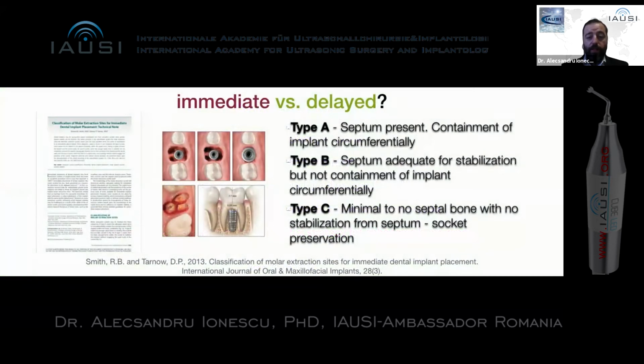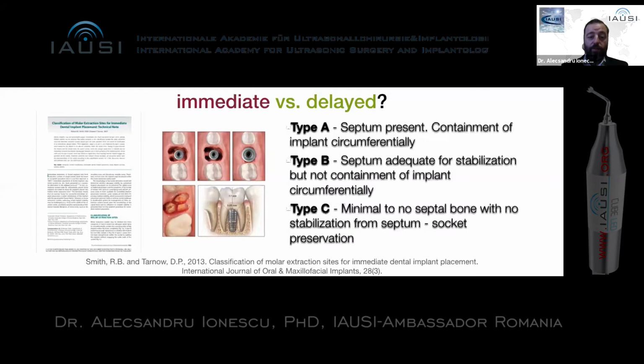Now, why it's very important to have a very simple and safe approach when we are extracting teeth. When we use piezo surgery, we can cut the roots, we can protect the septum, and we can protect the buccal bone, even if it's very thin. So we are able to place implants when we have the right septum in type A situations in the lateral zone.